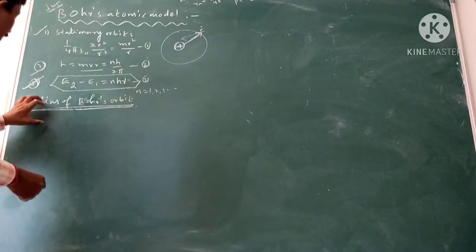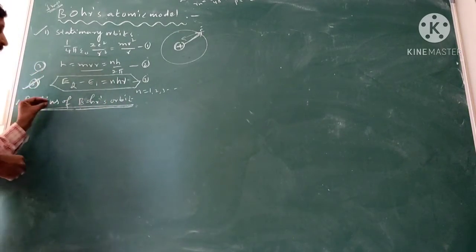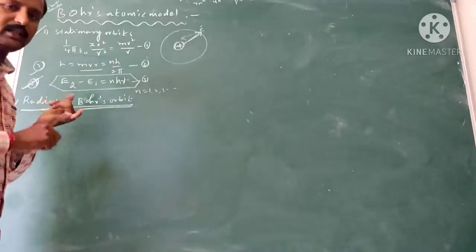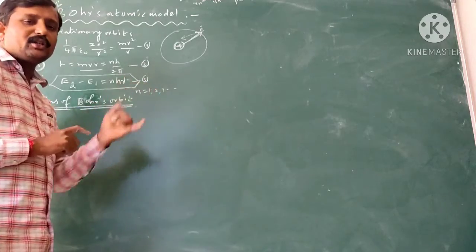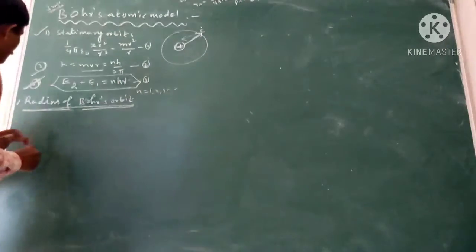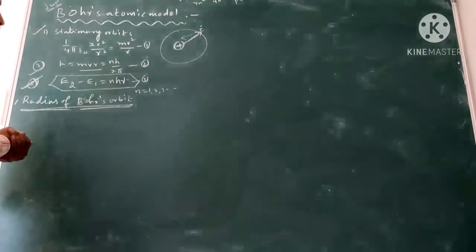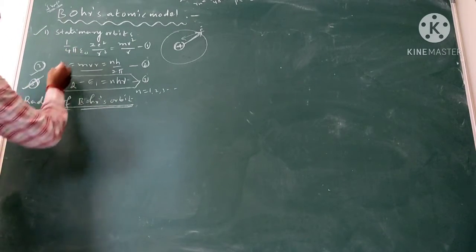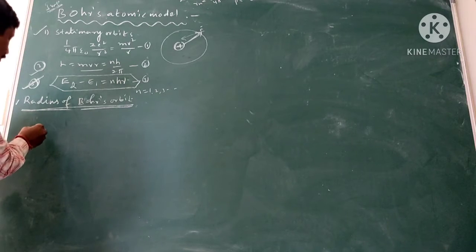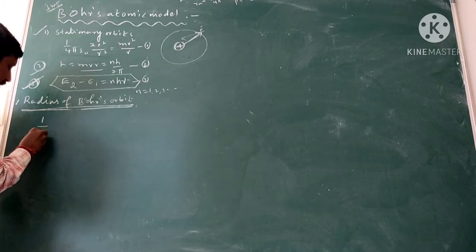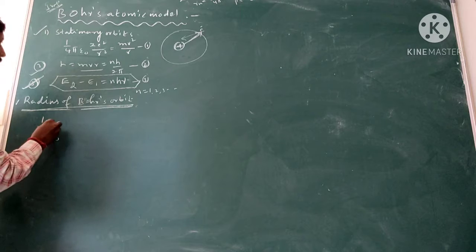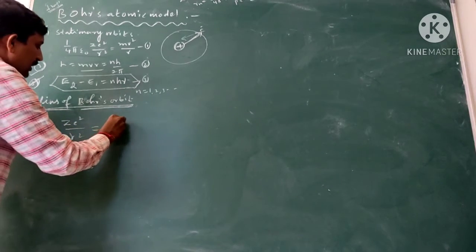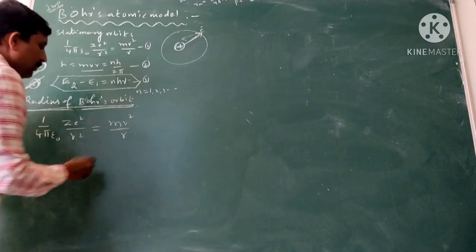Now let us find the radius of the Bohr orbit, and the velocity, time period, and energy of an orbit. First, the radius of Bohr's orbit. According to the first postulate of Bohr's atomic model, the Coulomb attraction force 1 by 4 pi epsilon naught Z e square by r square should be equal to m v square by r, the centripetal force.